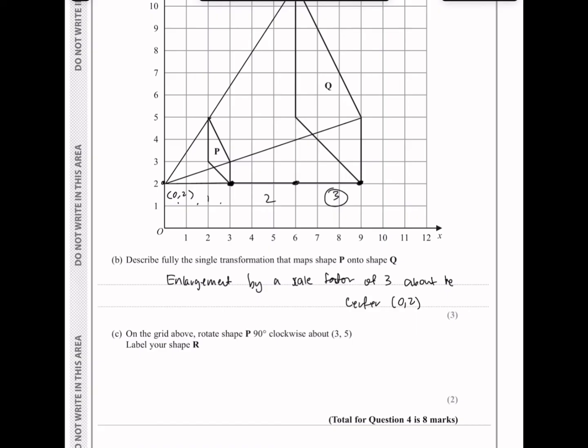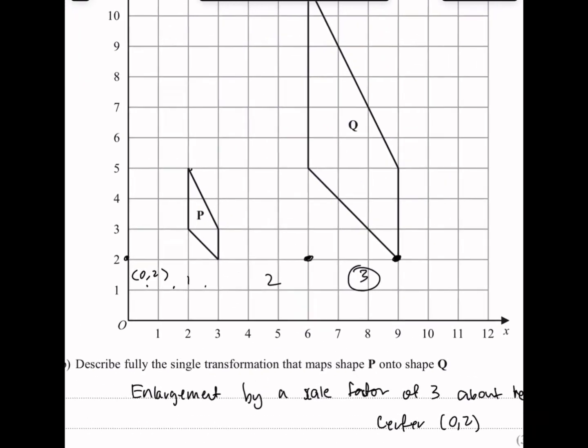On the grid above, rotate shape P 90 degrees clockwise about 3, 5. Label your shape R. So in the exam, you are allowed tracing paper. So I would take the tracing paper and mark the point you're supposed to rotate about, and also trace the shape that you're supposed to rotate.